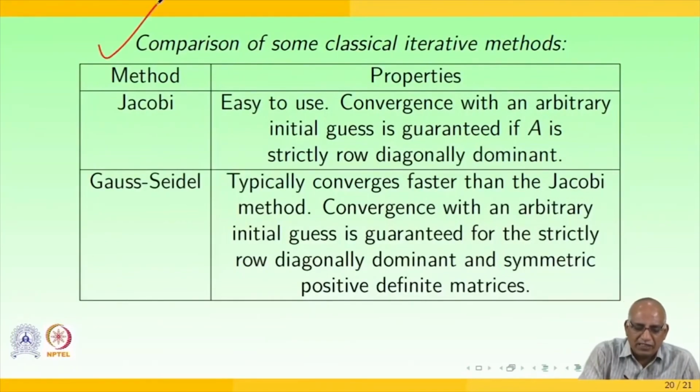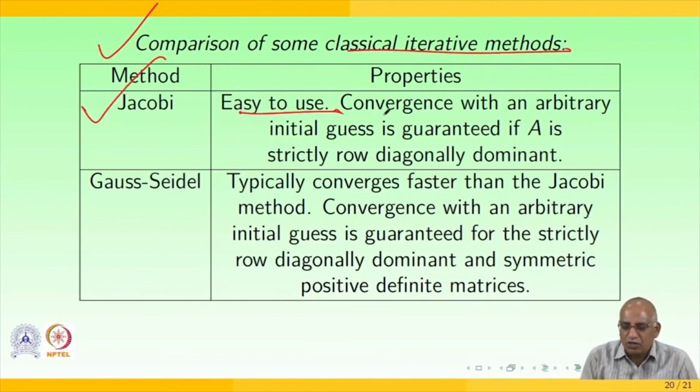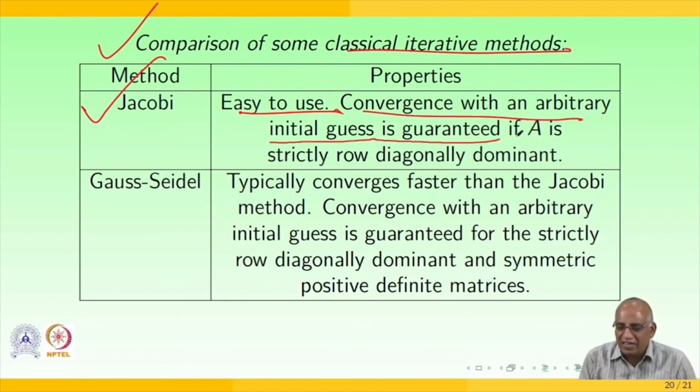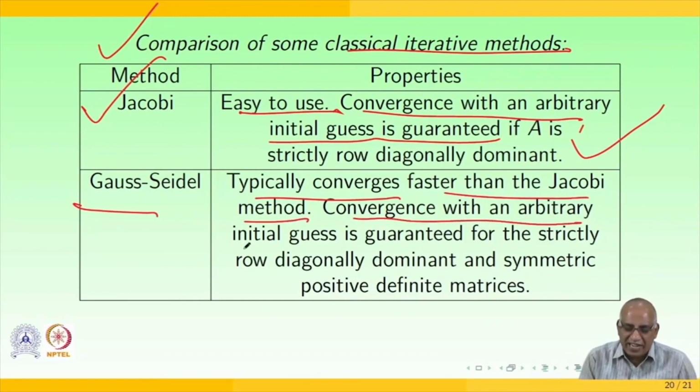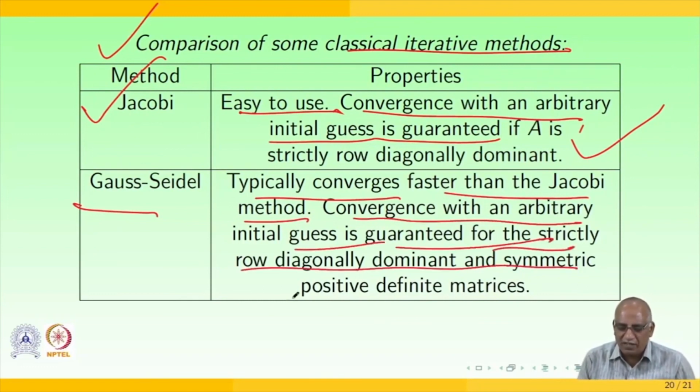And when you compare these classical iterative methods, the Jacobi method is easy to use, and converges with an arbitrary initial guess, which is guaranteed if A is strictly row diagonally dominant, as we have seen in the previous case. And the Gauss-Seidel method typically converges faster than the Gauss-Jacobi method. Convergence with an arbitrary initial guess is guaranteed for strictly row diagonally dominant and symmetric positive definite matrices.